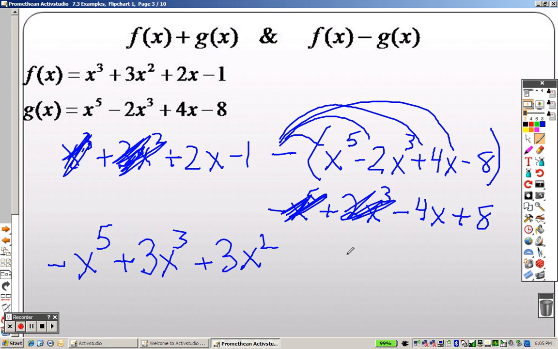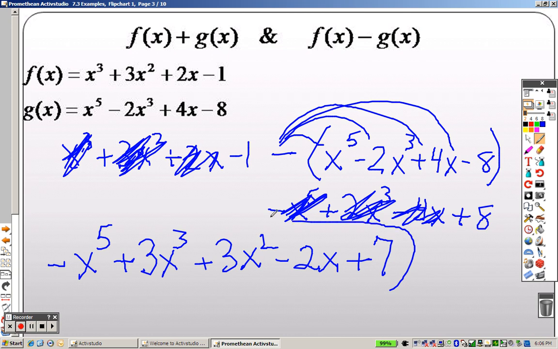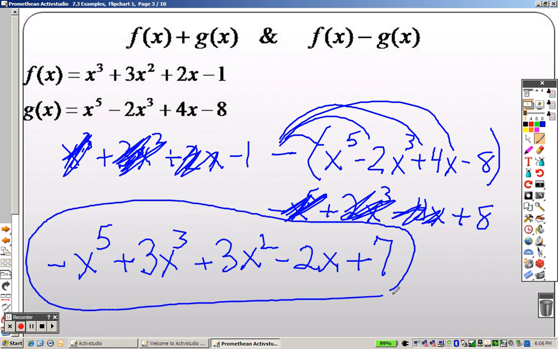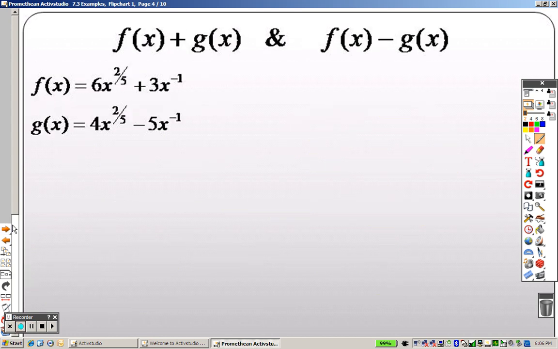I have 2x's and negative 4x's, so I have negative 2x's. And negative 1 and positive 8 is positive 7. And there is my equations. So there is adding them and subtracting them. Even if they're ridiculous like this, it's still the same.